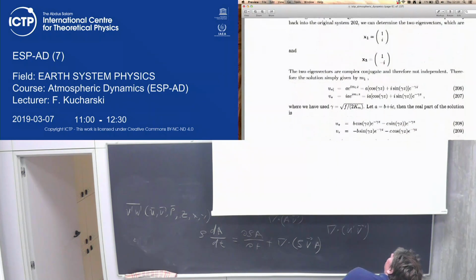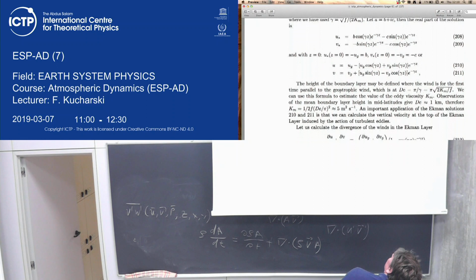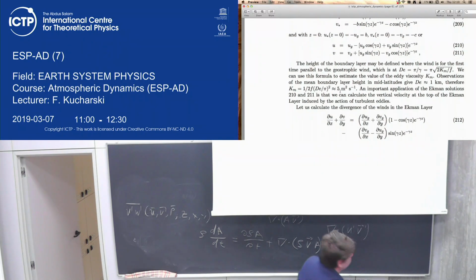We can use this trick actually to estimate, okay, since we may be able to measure what are typical heights of this boundary layer better than the actual coefficient Km, we can say, okay, our experience shows us that the mean height of the boundary layer, we can maybe measure that by our plane experiment.